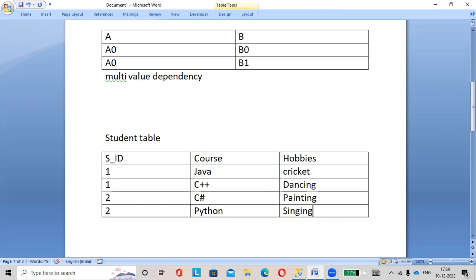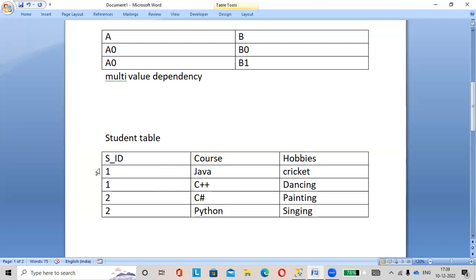What is happening here? For single roll number 1, there are multiple values. Yes or no? There are two courses and two hobbies. Am I clear on what I mean to say? Yes, ma'am. Yeah, it is leading to what?